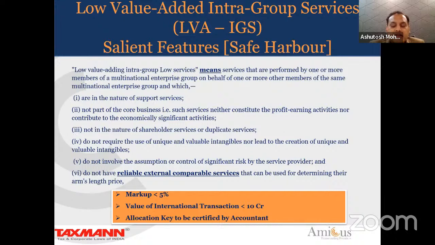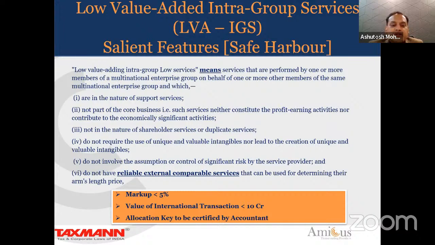This is again extremely limiting, because if the safe harbor is available only when the value of the international transaction is less than rupees 10 crores, then many management service transactions get excluded from the purview of the safe harbor.